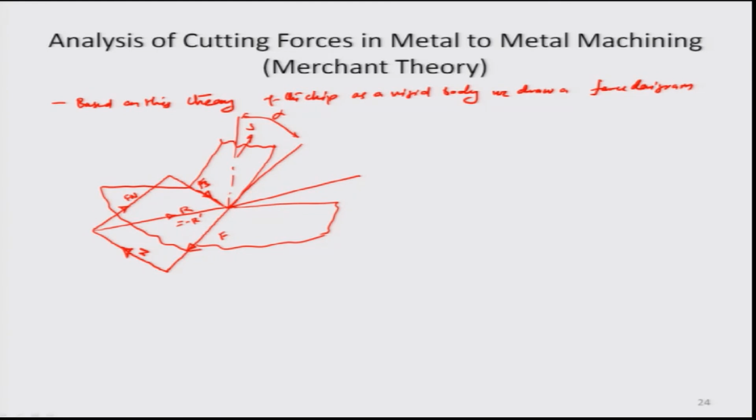I would like to draw this force in a direction opposite to the direction of ploughing of the tool. If the tool travels in this direction, the cutting force should be exactly opposite to the direction of traverse of the tool.